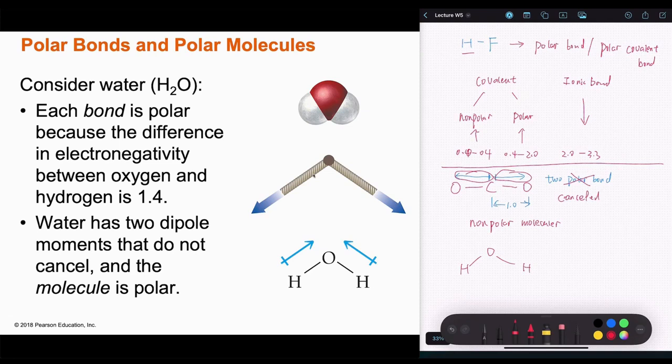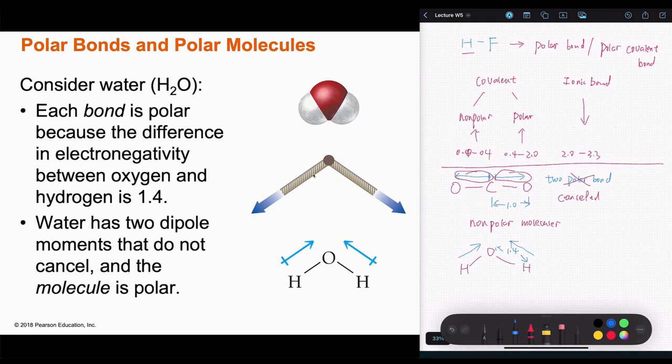The electronegativity difference between this oxygen and hydrogen bond is 1.4, which means that for this O-H bond, it is definitely a polar bond. So if we draw the dipole moment of this polar bond, it will be something like this, okay?